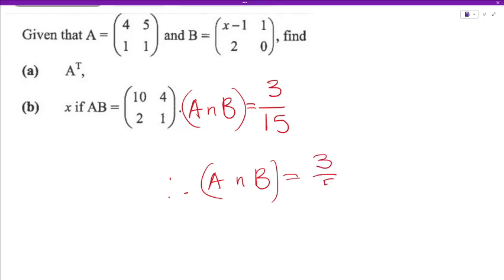I put 3/5 instead of 3/15. And guess what? I was supposed to use this answer for the next question and the other question. Because I got a wrong value here, I ended up losing all the marks for those other 2 questions, and that's how I ended up getting 70-something% out of 100.